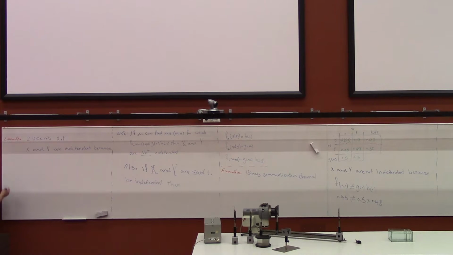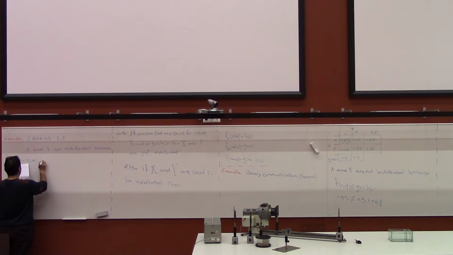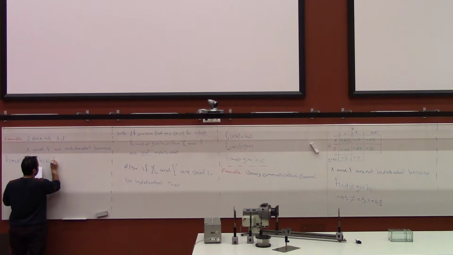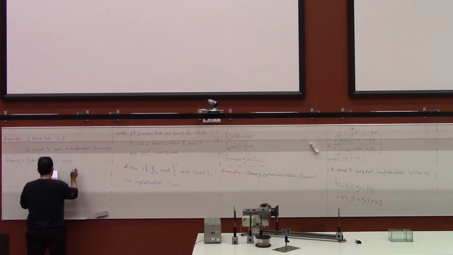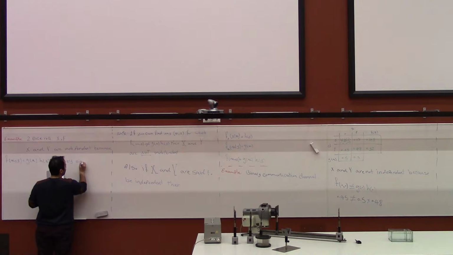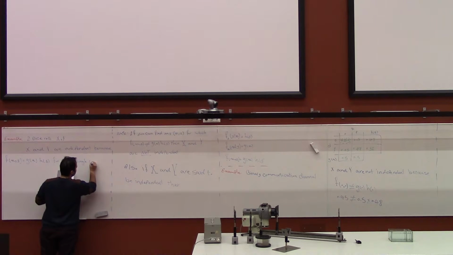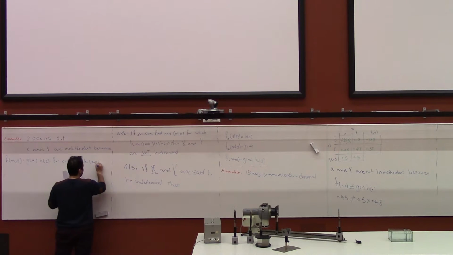For the first one, we can say f(x, y) is equal to g(x) h(y) for every single x and y.